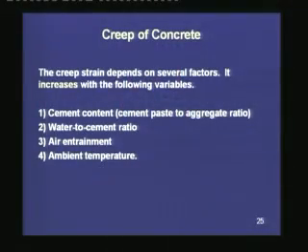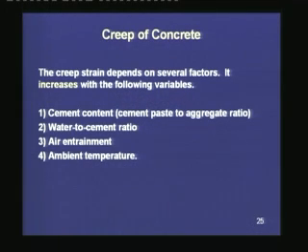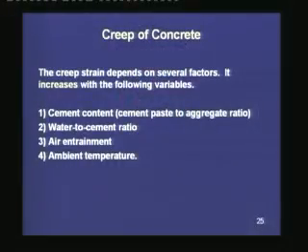If the water to cement ratio increases, then the strength of concrete decreases and the creep goes up. Third is the air entrainment. If there are more air pockets within the concrete, then creep increases. And the fourth is the ambient temperature. If the temperature is high, then also it is observed that creep increases.